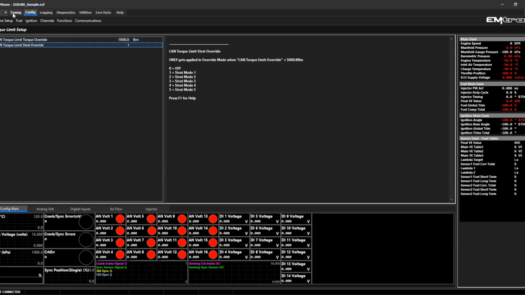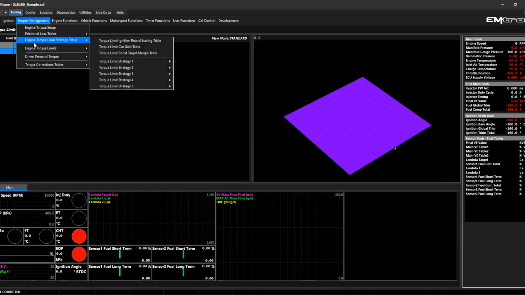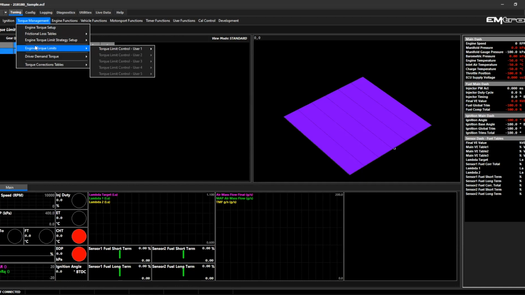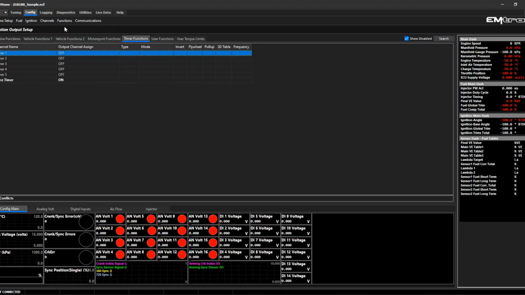So that's one way. More commonly, we've added a user torque limit option, which has 5 functions available. How this is enabled is it's controlled by a label. We have a new tab here under user torque limits, and it's labeled control, and that label is stored in the ECU, so you don't forget what it is when you come back to it sometime afterwards.